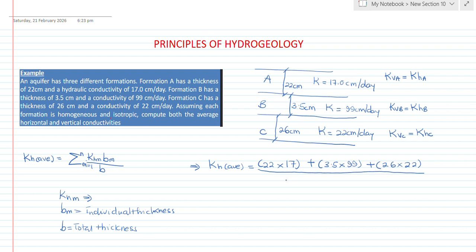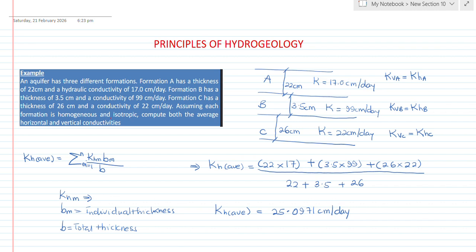So you add the thickness of each layer, 22 plus 3.5 plus 26. In that case, we can go ahead and do the computation. When the computation is done, you are going to get the average horizontal hydraulic conductivity to be 25.0971 centimeters per day.